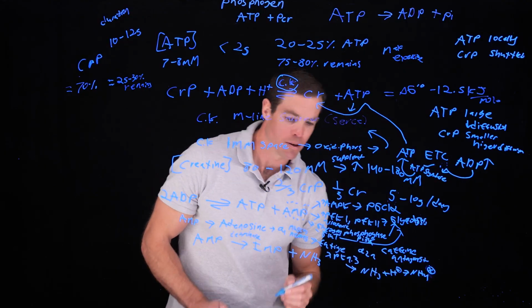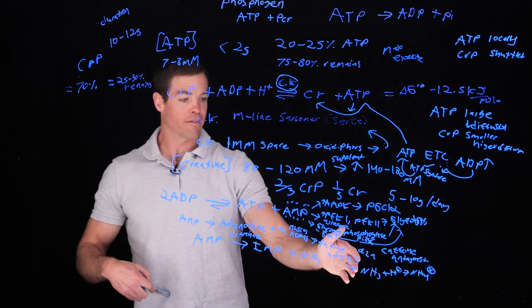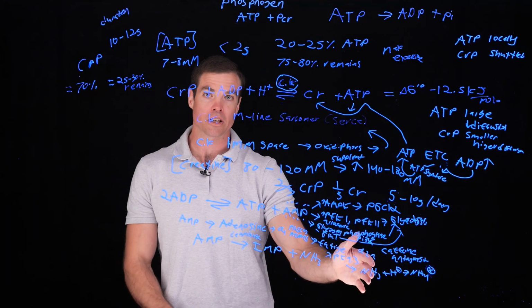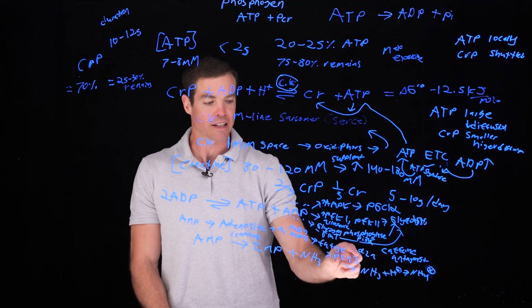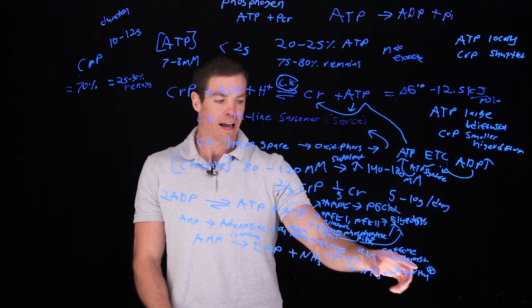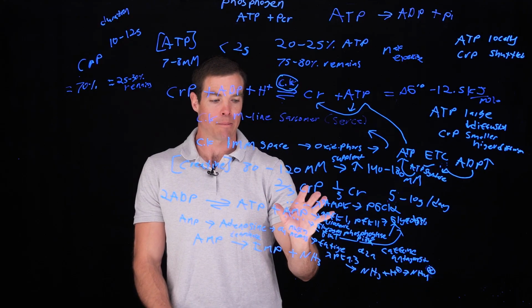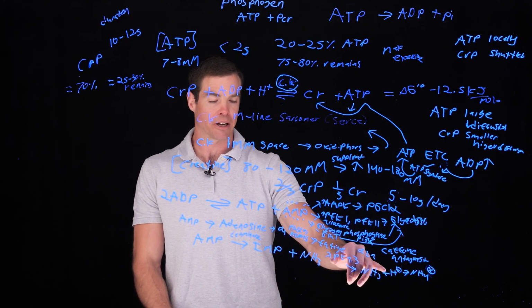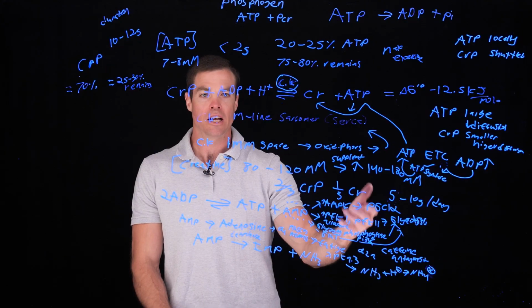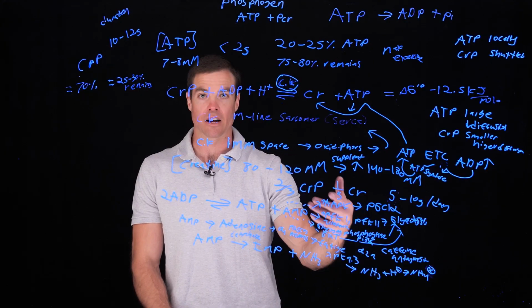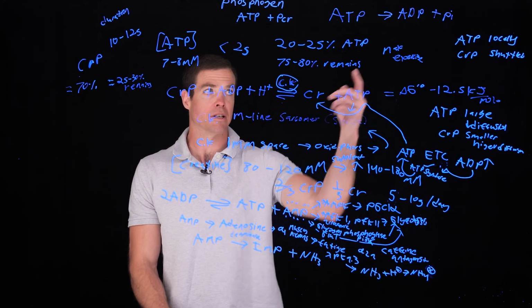Circle that too. Okay. So ammonia is very toxic, but it quickly gets converted to ammonium. One neat thing about this is that because you are picking up a proton, you're helping to buffer all the hydrogen ions that are being created from ATP hydrolysis.